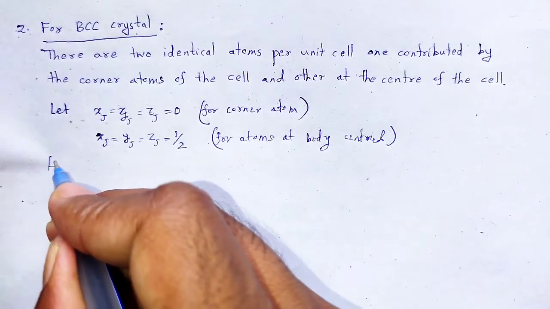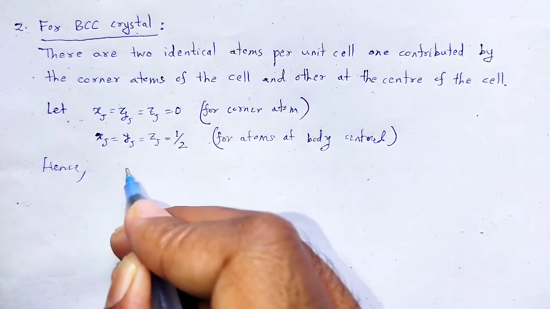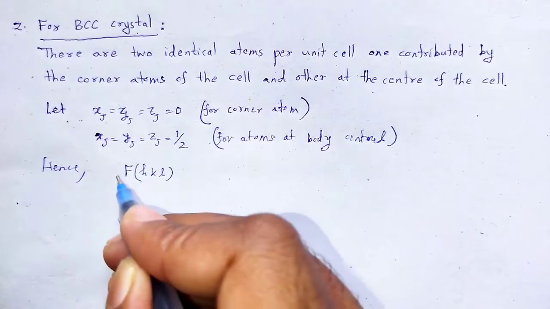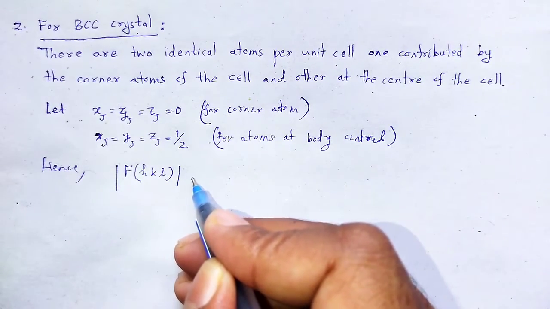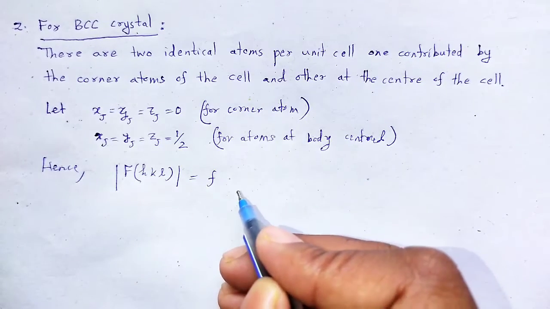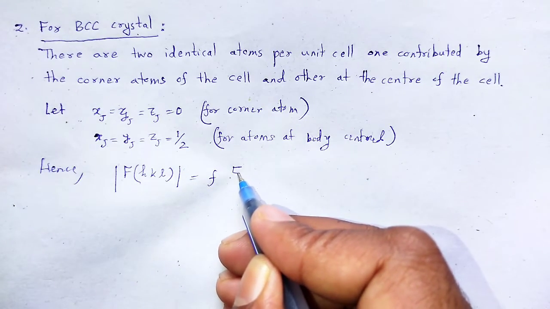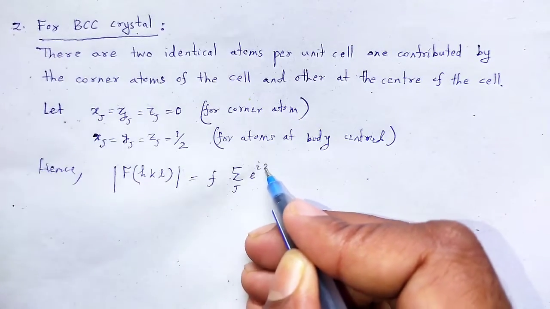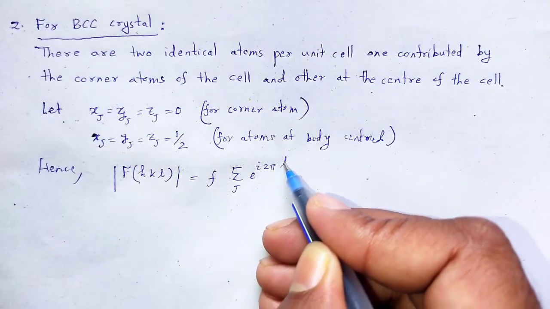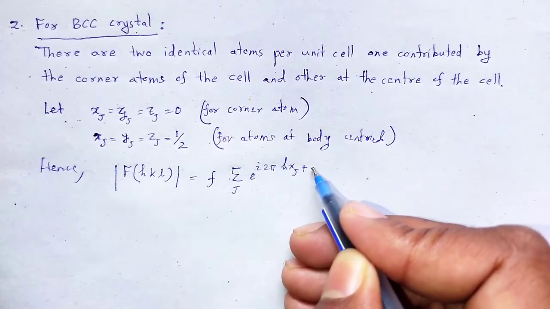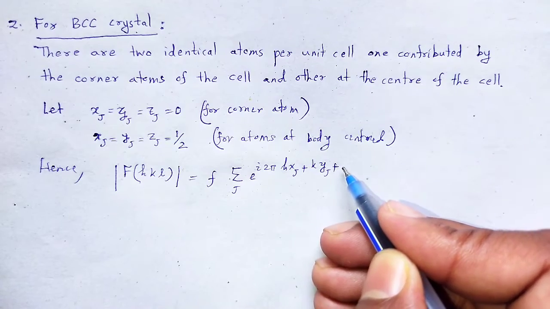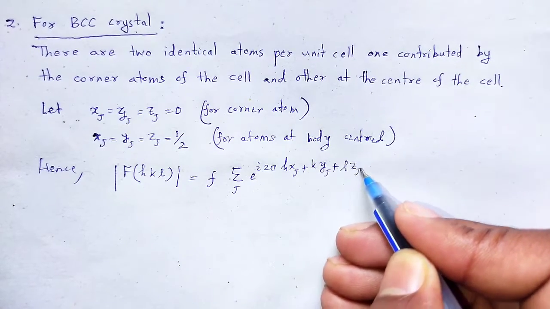Hence, the magnitude of f of HKL is equal to f, summation over j e to the power i 2 pi, h xj plus k yj plus l zj.